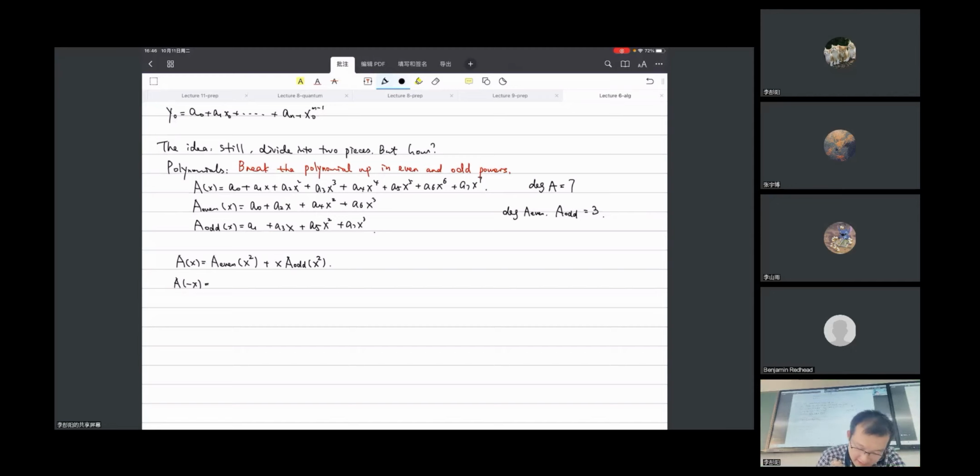This can directly follow just by the definition. Minus x squared just equals x squared, so this directly follows. And for this part, the x is replaced by minus x. And also for A odd, minus x squared always equals x squared, so you also have this.